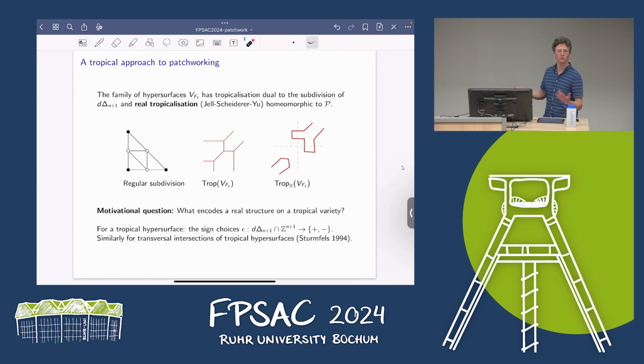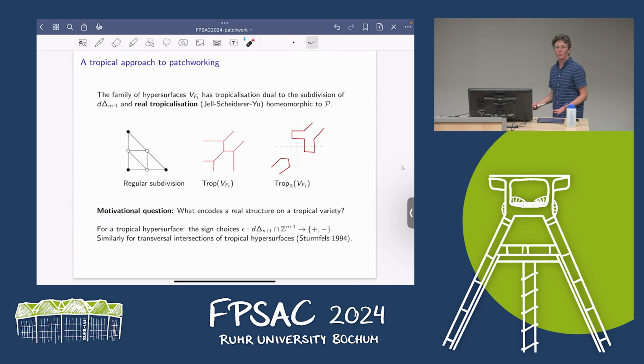What should be a notion of a real structure? So here again, it's the sign choices in codimension 1, and for transversal intersections of tropical hypersurfaces, we can also use signs on the Newton polytopes of those hypersurfaces to get some sign data. This was a generalization of patchworking to complete intersections by Sturmfels.